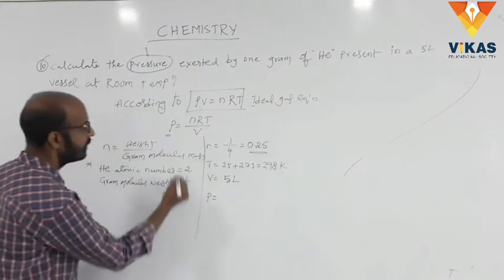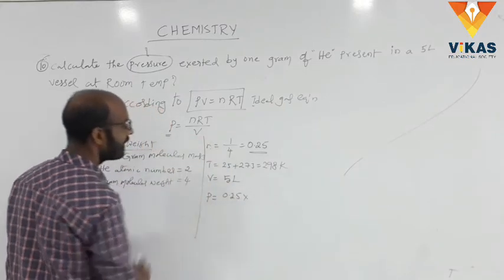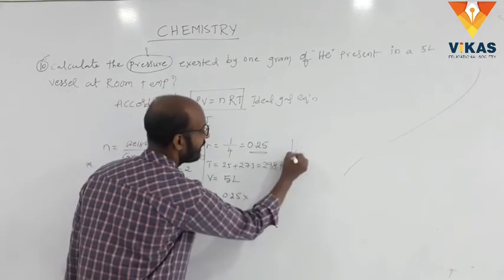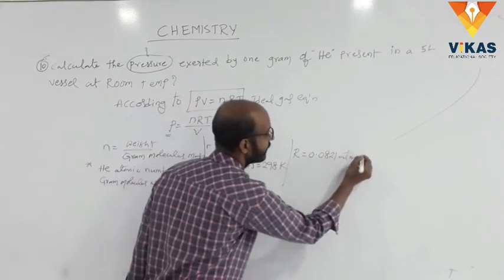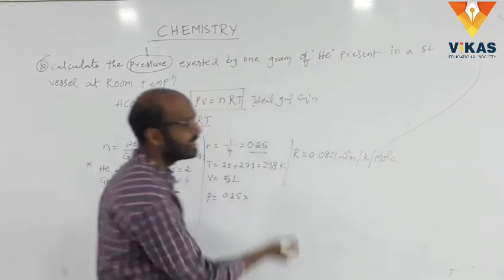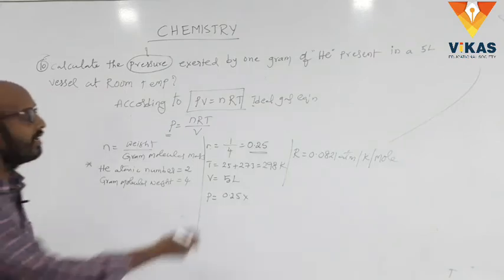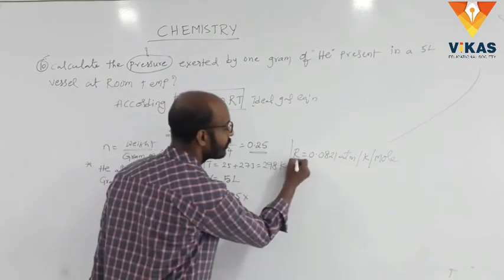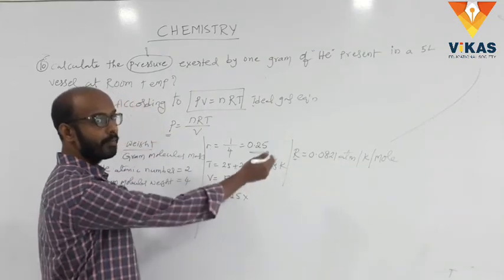P is equal to n, 0.25, into R value. The R value is 0.0821 atmosphere litre per Kelvin per mole, a numerical value of R we already know.